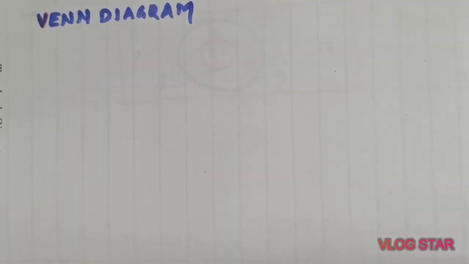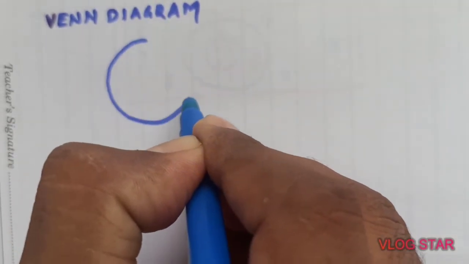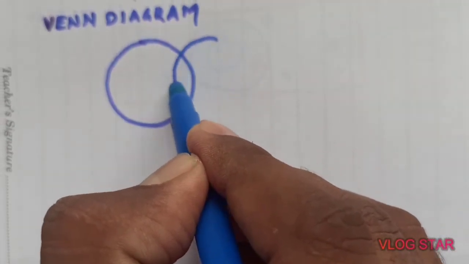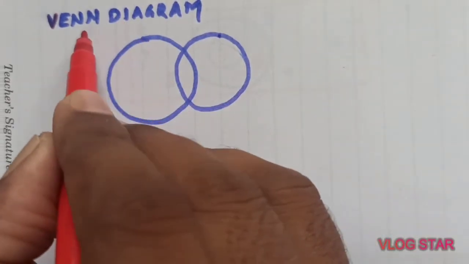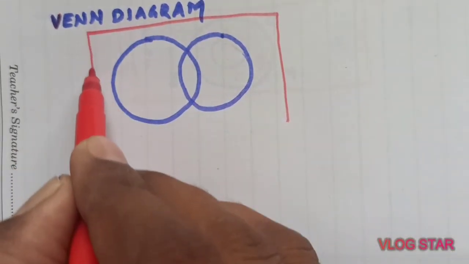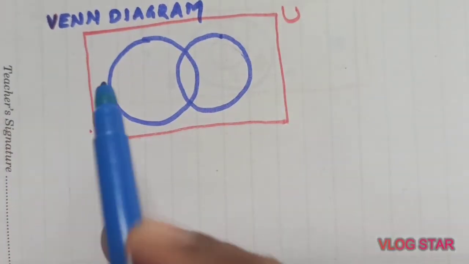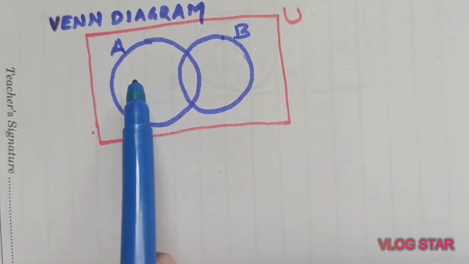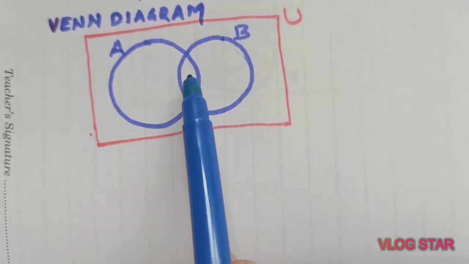We can see the Venn diagram for the union of two sets. Suppose set A is here, another set B is here. We don't know, a few elements may be common, and every set is a subset of the universal set. Suppose the rectangle is the universal set. So this is U, this is your A and this is your B. A few elements are from A, a few from B, and a few may be from A and B. This is the common region.